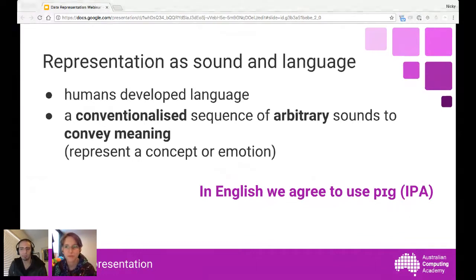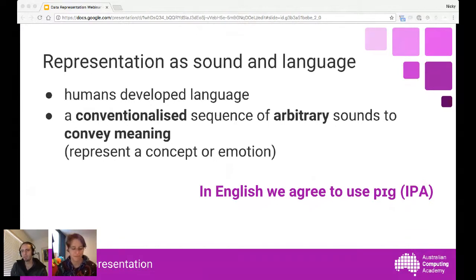It's not some sort of magical thing that was developed and gifted to us and then we learned how to use it. It has developed over time, and people just like them have ultimately been the people responsible for the development of the language. And the language itself is really just a sequence of arbitrary sounds that represents a concept or an emotion that people have agreed upon.